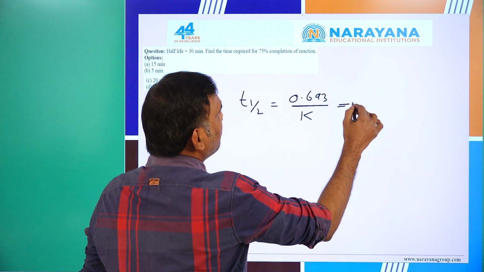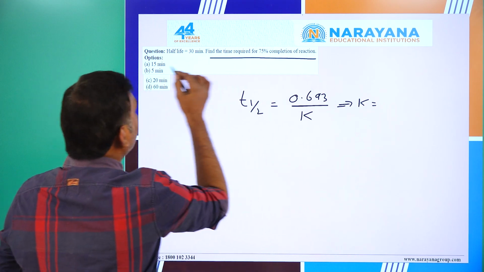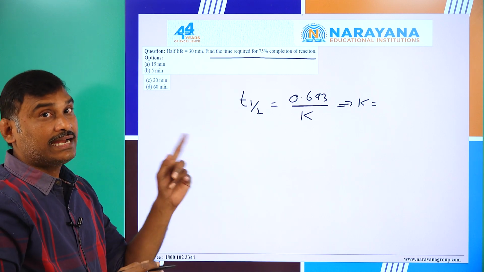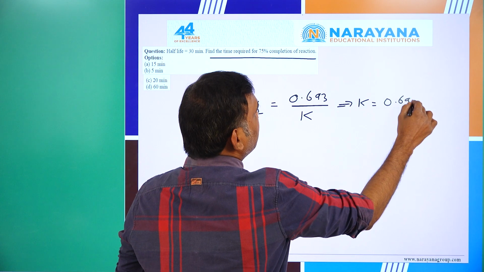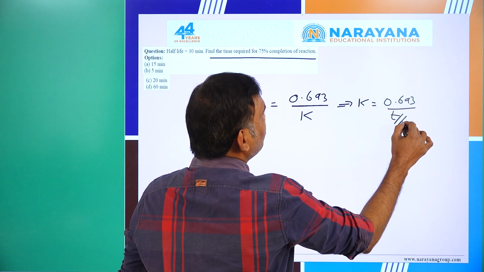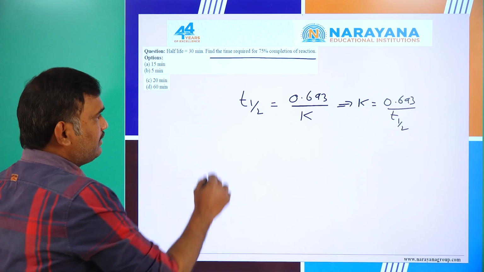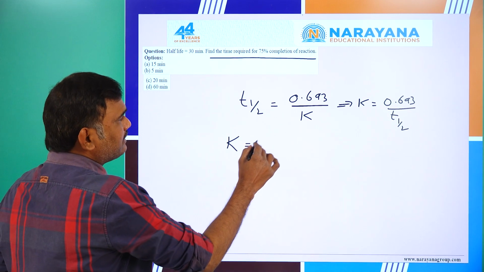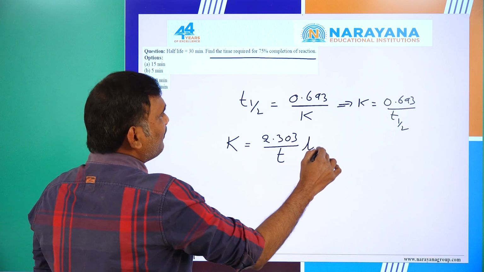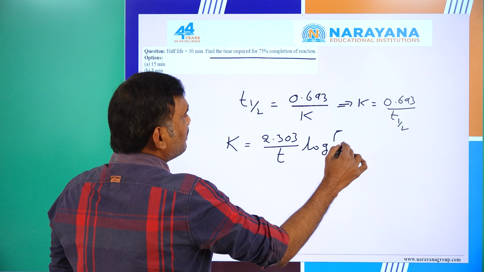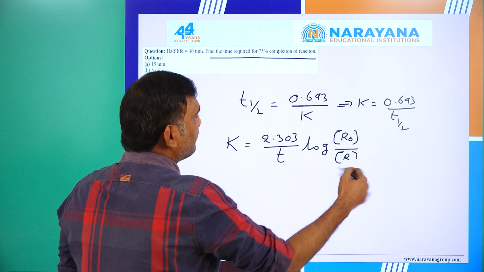Then K is equal to 0.693 by t-half. Now for the time required, according to first order kinetics, K equals 2.303 by t log of initial concentration by concentration at time t.